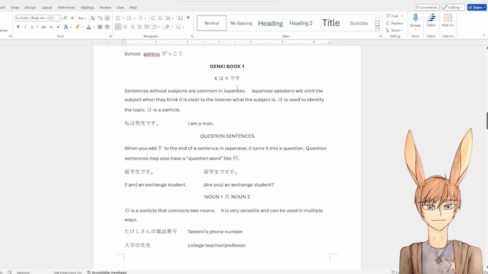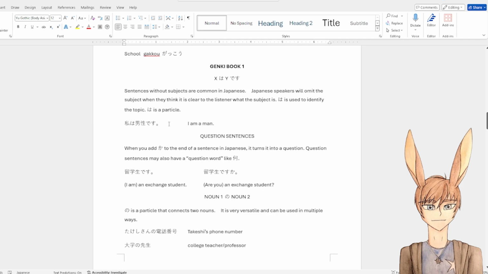Anyway, we're starting with Genki Book 1. And the first thing we learn about is the particle wa and ending a sentence with desu. Wa is used to identify the topic of the sentence.